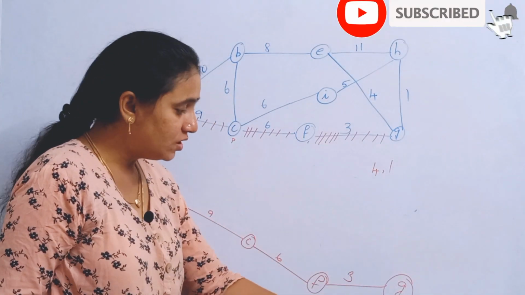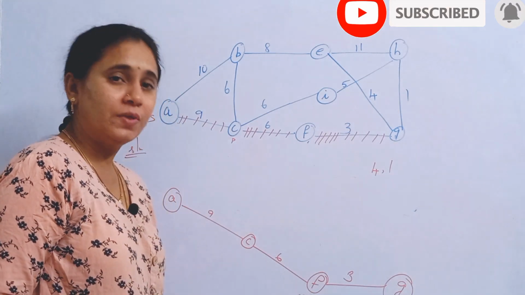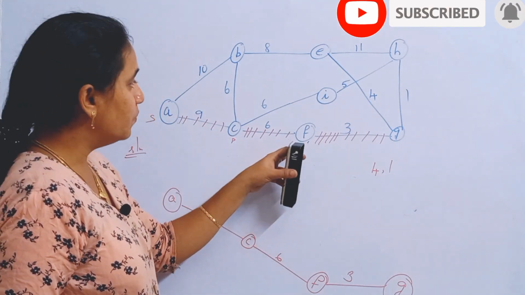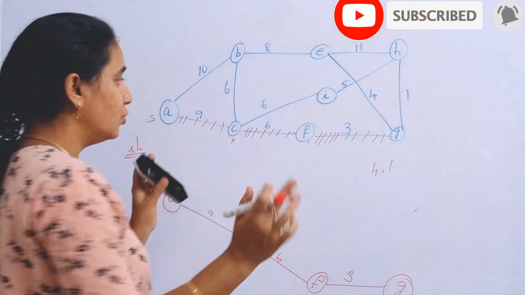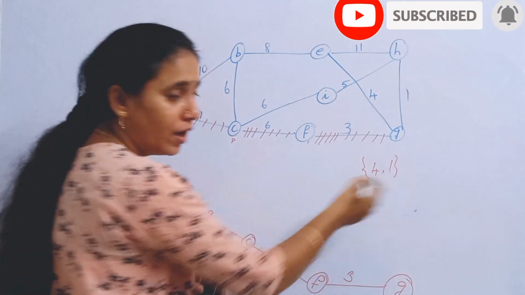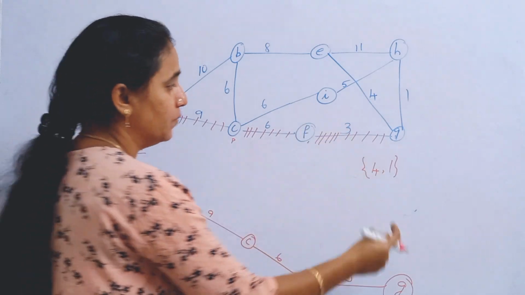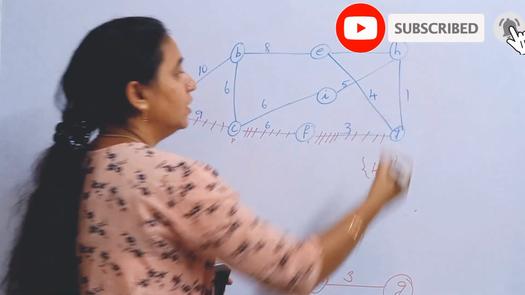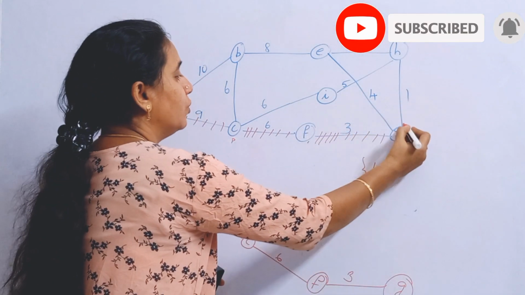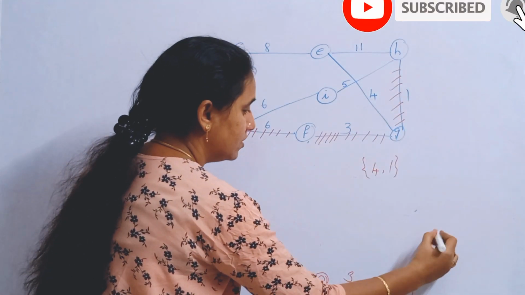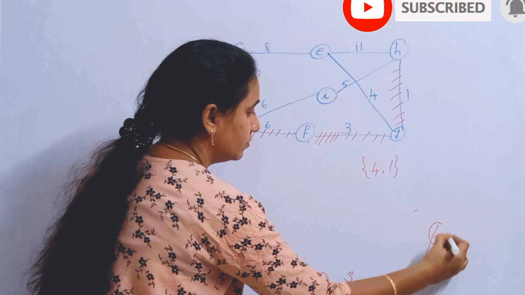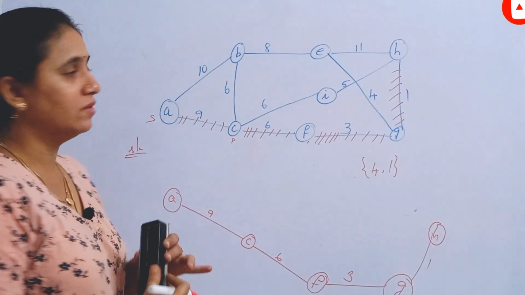Okay. So for G, what is the previous vertex? So this is my previous vertex. So from F, is there any unselected edge present? No. So you can leave it. So among 4 and 1, which is having the minimum weight? This is having the minimum weight, so I am going to select this. Okay. So G to H. Its value is 1. Right.